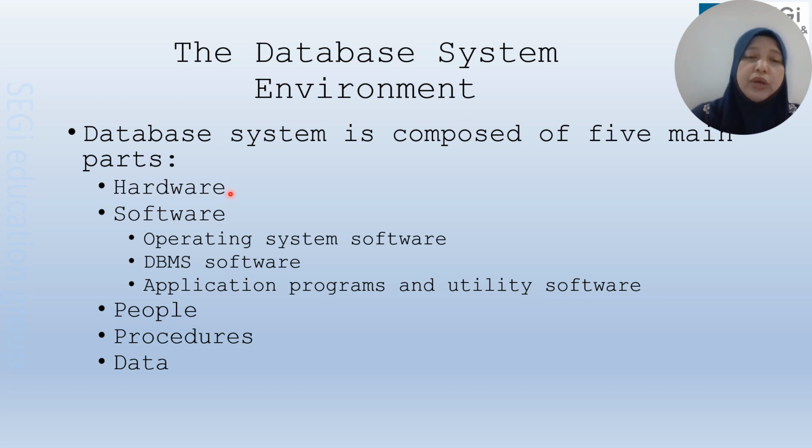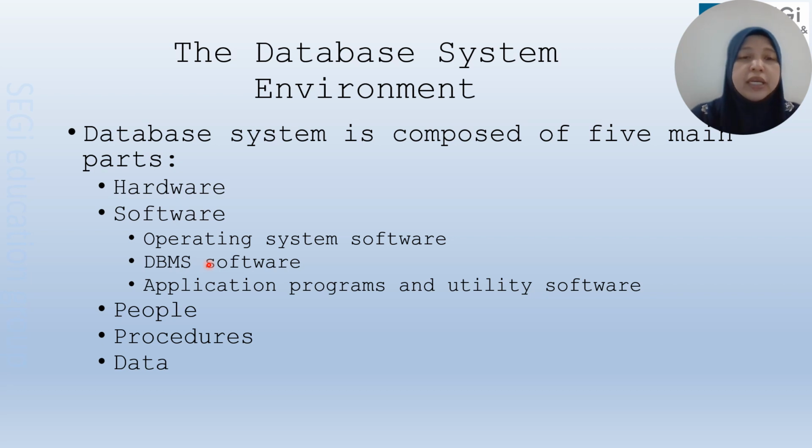And when you have the hardware, it is pointless if you don't have the software. So what software may you need to install on the hardware? The operating system, the DBMS software, which is database management system, as well as the application program and other utility software.